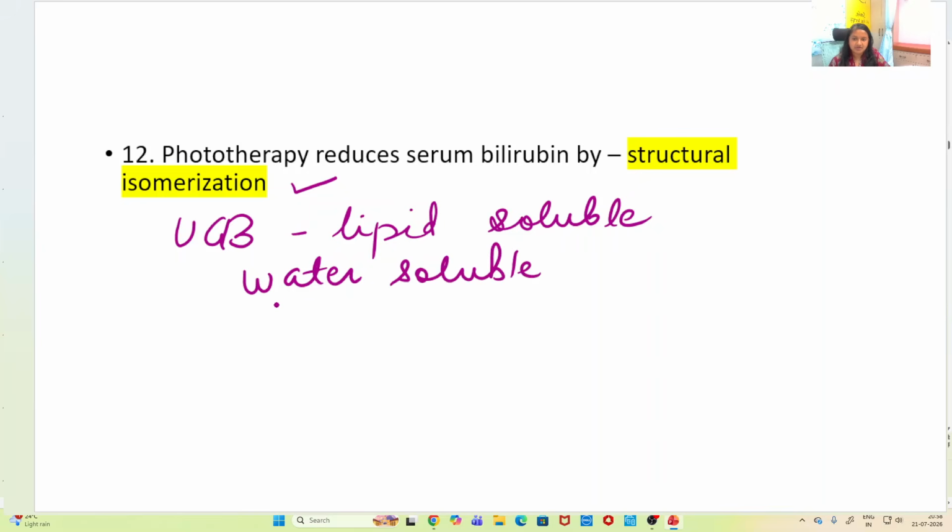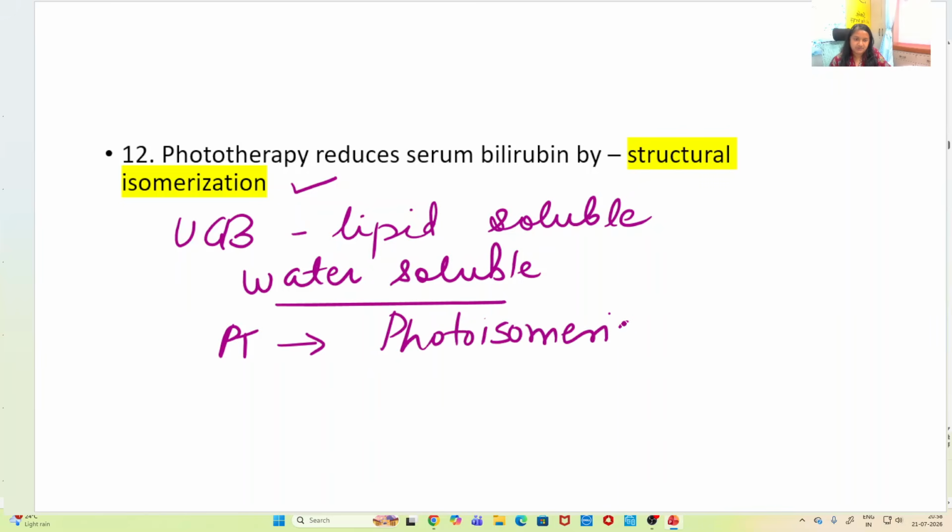Phototherapy will convert this unconjugated bilirubin through photoisomerization into its water soluble form, which is lumirubin, and lumirubin will be excreted in the urine.